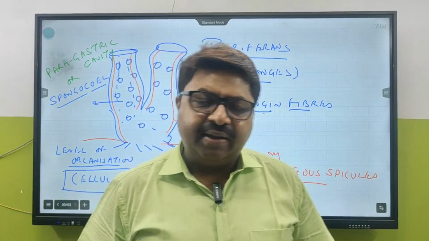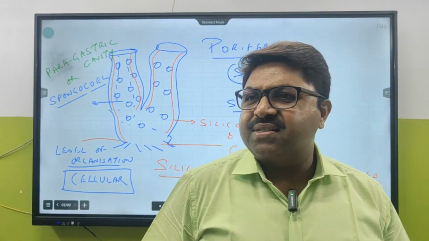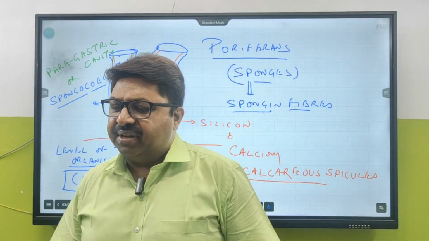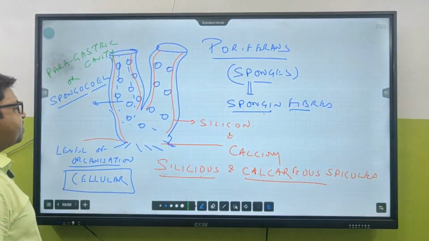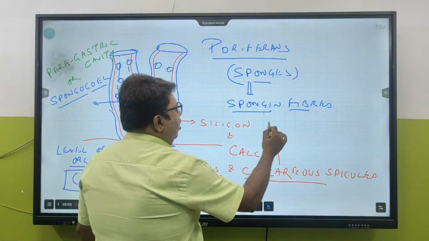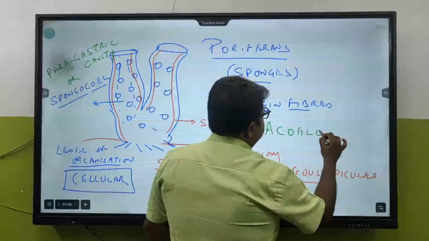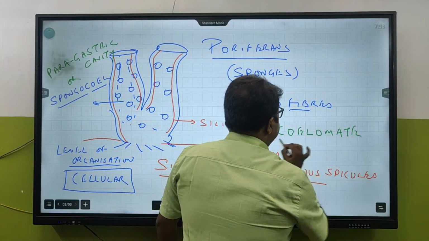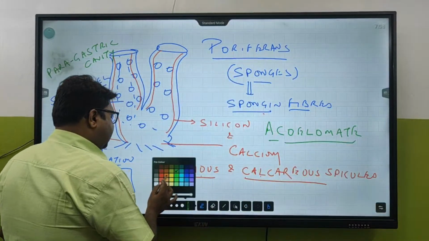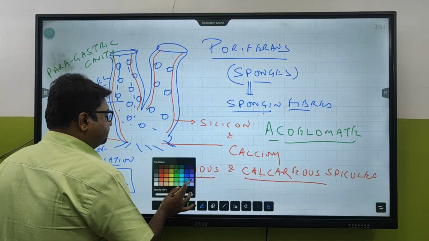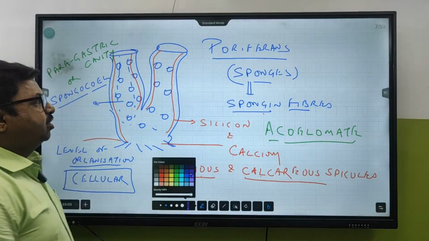Now, they don't have any coelom, so we call them acoelomate organisms.